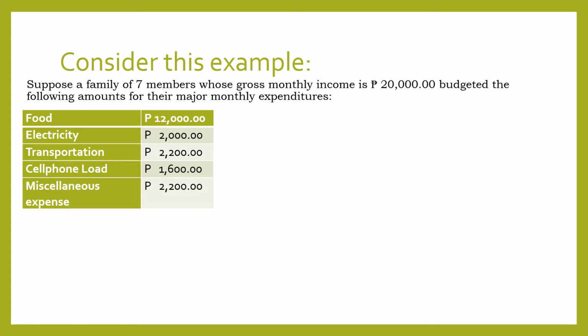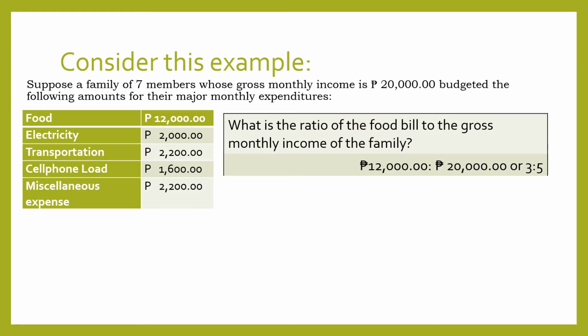When we are asked to give the ratio of the food bill to the gross monthly income of the family, the answer is 12,000 is to 20,000 pesos. Expressing it in simplified form, we get 3 is to 5, where 3 represents the food bill and the 5 represents the gross monthly income of the family.